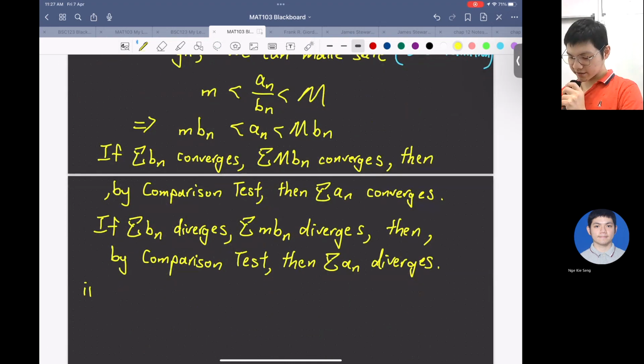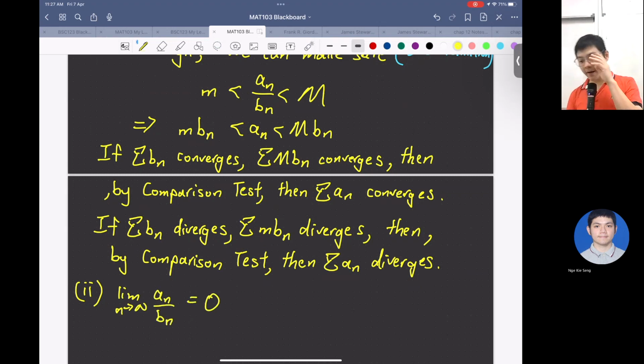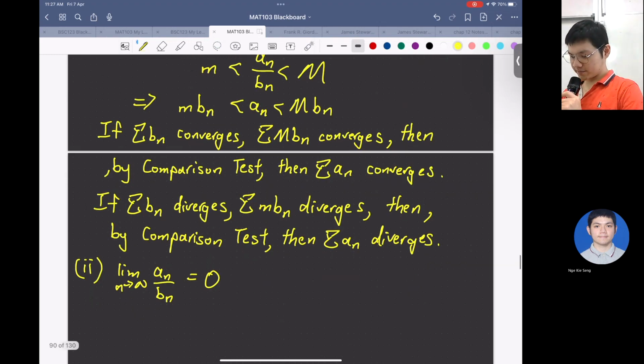Next part is how about if the limit is 0? What does it mean for the limit to be 0? We could say that bn is greater than an, right? You want something very big in the denominator, or something very small in the numerator, so that this limit goes to 0. If you want to show it rigorously, you can use the delta epsilon.